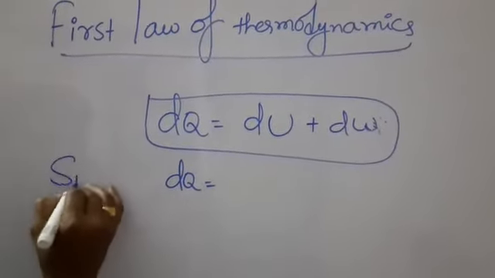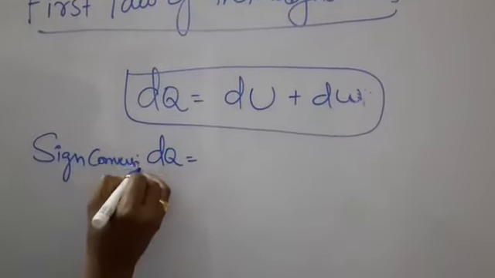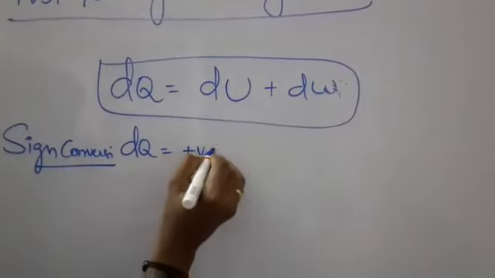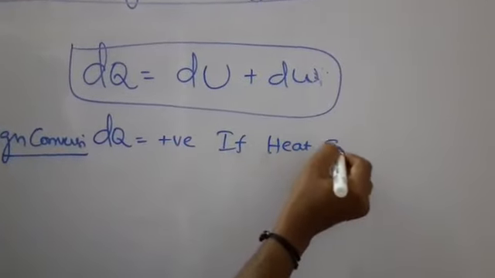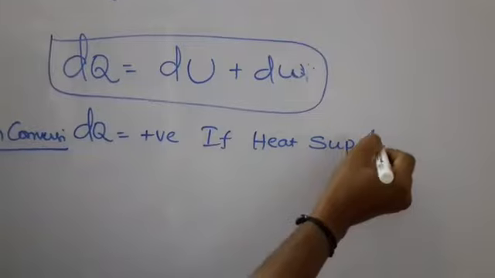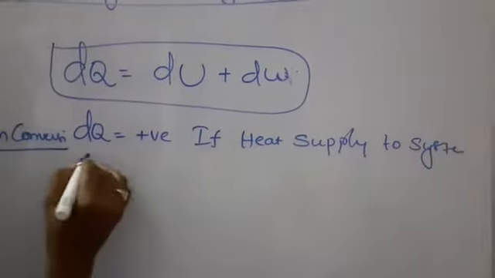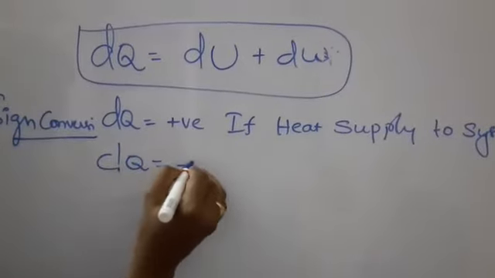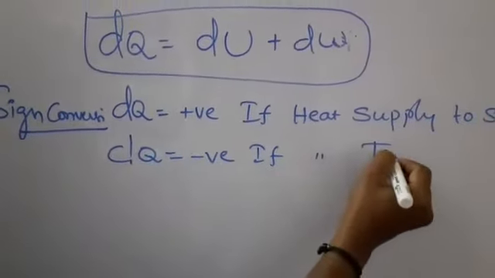So, sign conventions. dQ is positive if heat is supplied to the system. Next, dQ is negative if heat is taken out from the system.